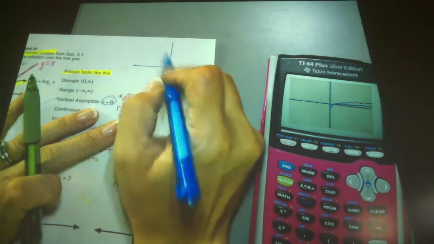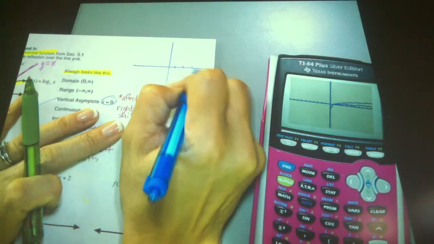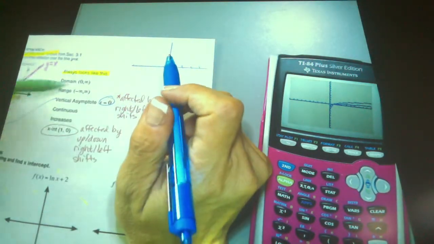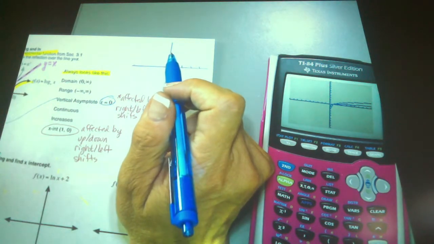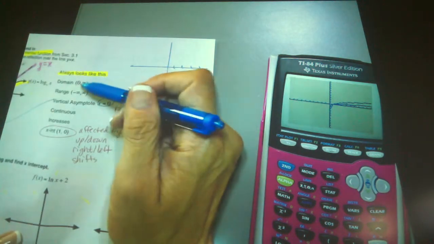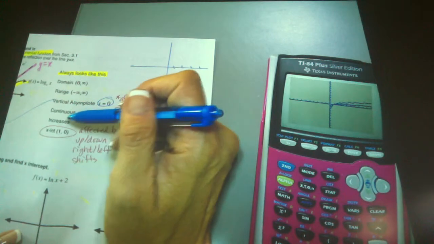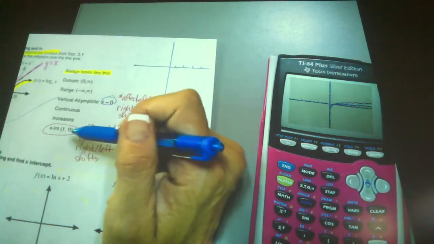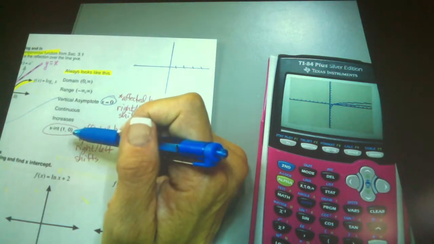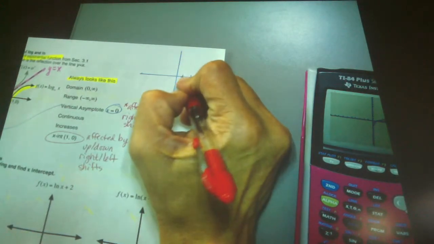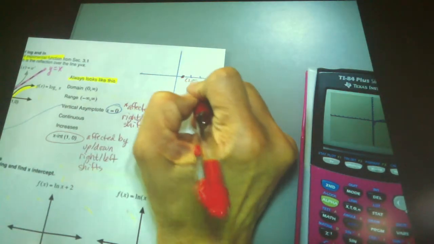So here, they both have in common this x-intercept though. The natural log and the common log still has all of these things in common. It doesn't matter which one we're looking at. The domain, the range, the vertical asymptote, continuous, increasing, the x-intercept, they're all the same, whether it's log or natural log. And so they both have this point, 1, 0 in common.